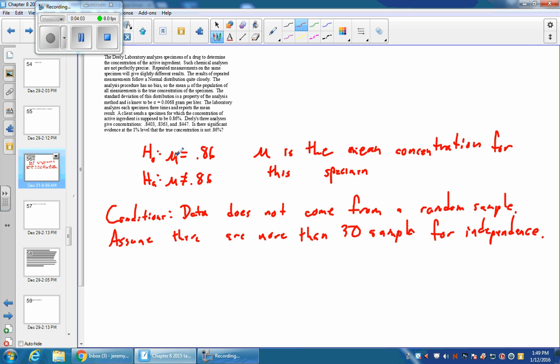And then finally, normality. For normality, we have to address that since these come from a normal distribution, our sampling distribution will be approximately normal. So the sampling distribution is normal because the population is normal.